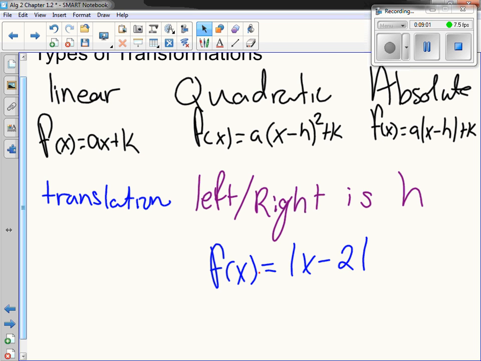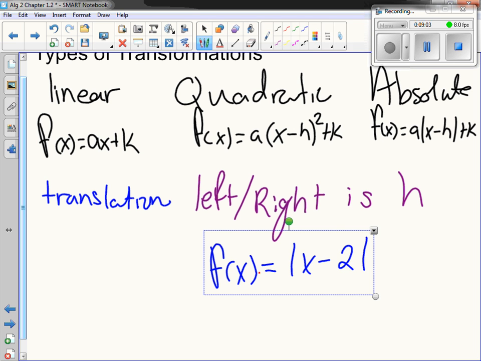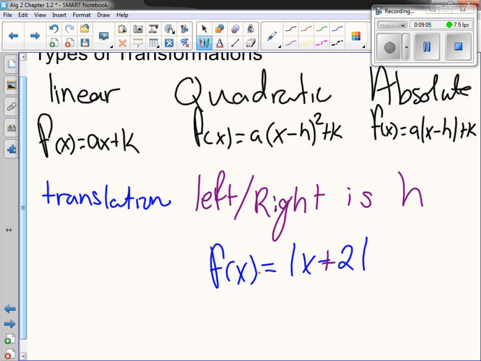Really, one way to think about it is it's whatever is opposite of what you think it is. Because if it's plus, we're moving to the left. If it's negative, we're moving to the right. Like this here, we're moving 2 to the left. But really what this is saying is x minus negative 2.